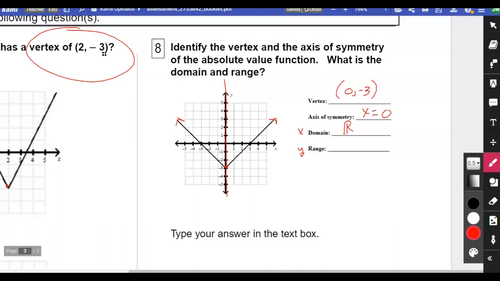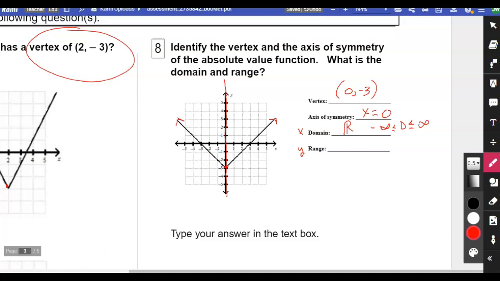That's one way you could write it. Another way you could write it is to use some inequality signs. So you could do negative infinity less than or equal to your domain, which is less than or equal to positive infinity.